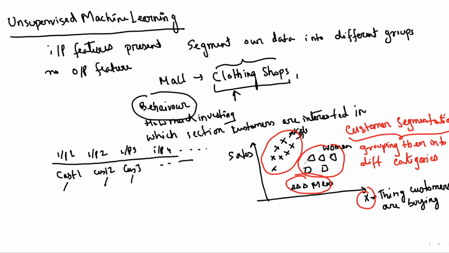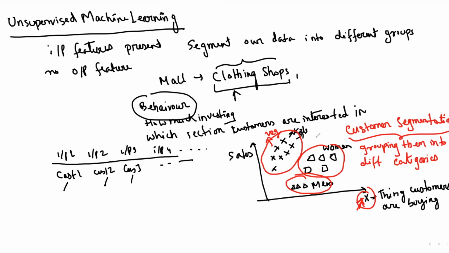Now this graph may change for different X values, right? Let's say it's a grocery shop instead of a clothing shop. In the grocery shop, there may be various food items, right? So then this X input variable will differ. So let's say on the X-axis we have customers who are buying. Let's say this is vegetables.